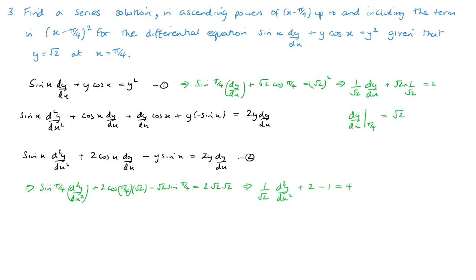So 2 minus 1 is 1. So taking away 1, that's going to be 3 times 1 over root 2. So d2y by dx squared is going to be 3 root 2. And this will be when x0 equals pi by 4.